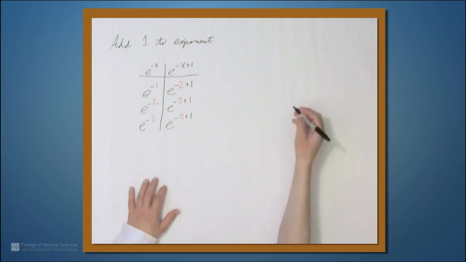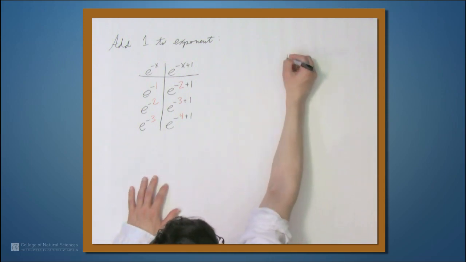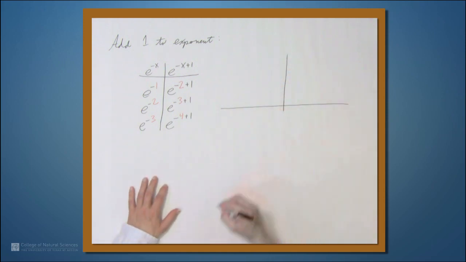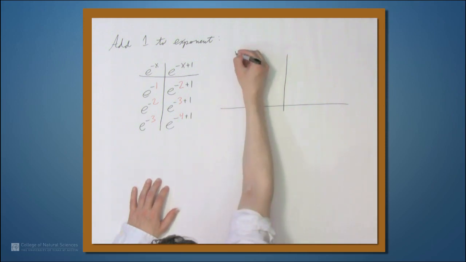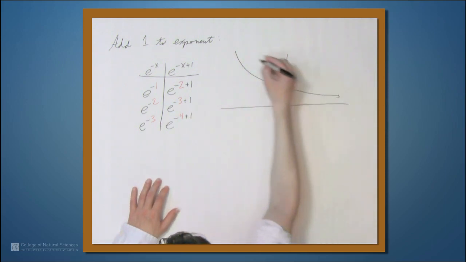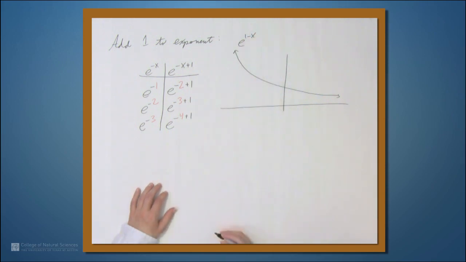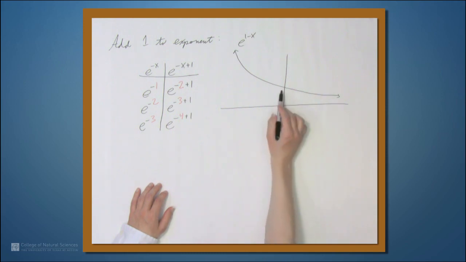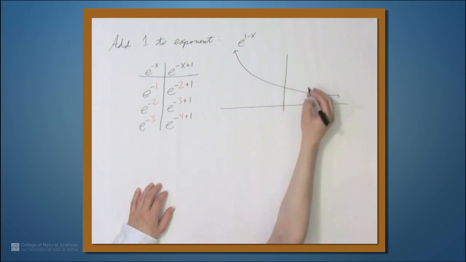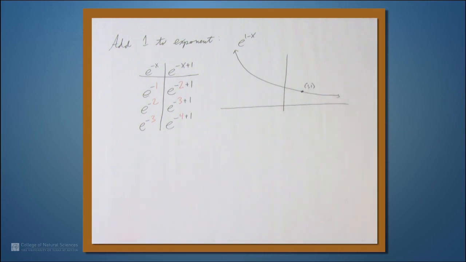So that means that we get a graph that looks something like this. So this is e to the 1 minus x. And now the point that used to be on the y-axis is now shifted over by 1. So it goes through 1, 1 here.